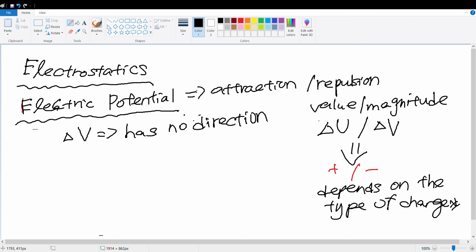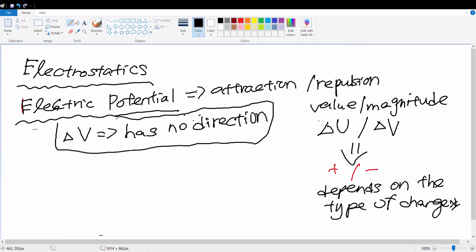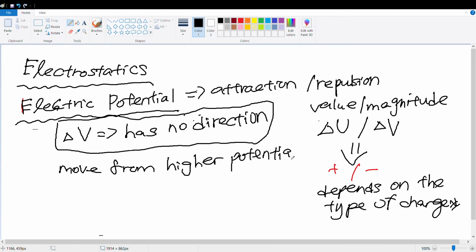Okay, so let's look back at electric potential. As I said, electric potential has no direction, but it will move from higher potential to lower potential.